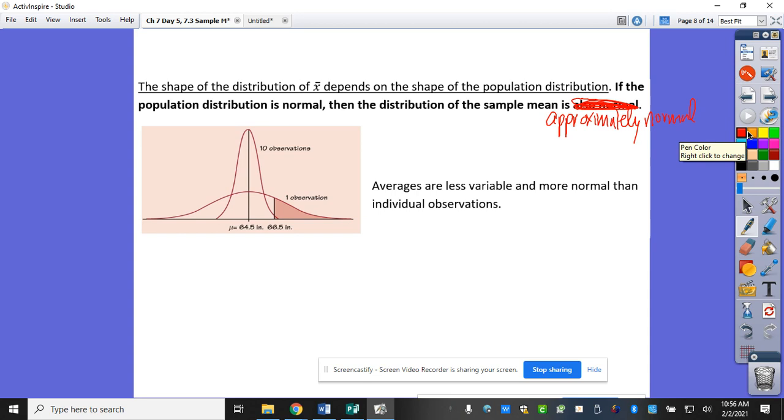I think I put a blank back in there for you after I'd saved it and went back. I think that's the only blank I added up there. I didn't miss any above that. This one I did add blanks in here. Averages are less variable and more normal than individual observations.